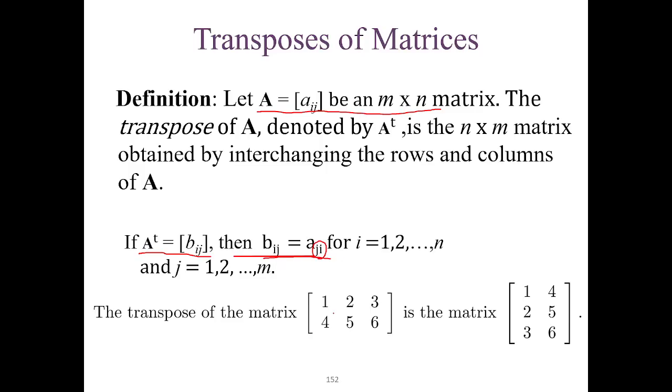For example, if we have a 2 by 3 matrix, this is the first element A11, this is the second element A12. In the transpose of the matrix, this one is A21. So basically you put A12 in the position of A21, then it will be a transpose matrix. After the operation of transpose, the matrix will become a 3 by 2 matrix.